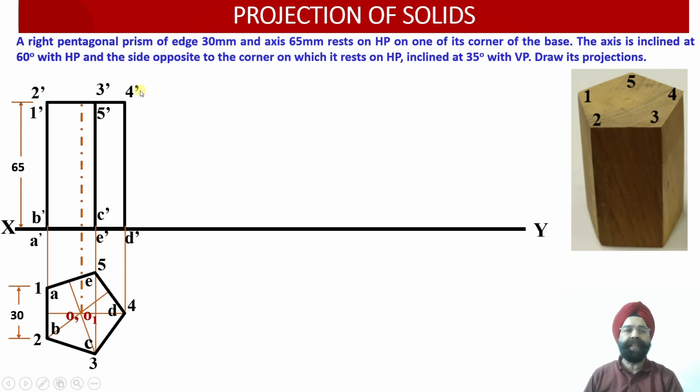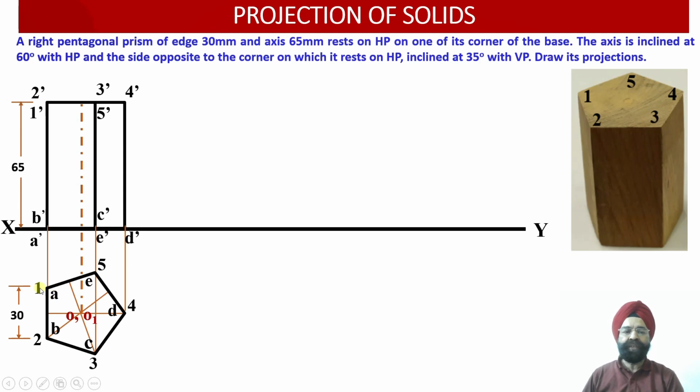One thing we must remember is that this vertical edge 1A is lying at the back, so it should have appeared as a dotted line in the front view projection. That is, 1 dash A dash should have been drawn as a dotted line, because this vertical edge is lying on the rear side of the solid.